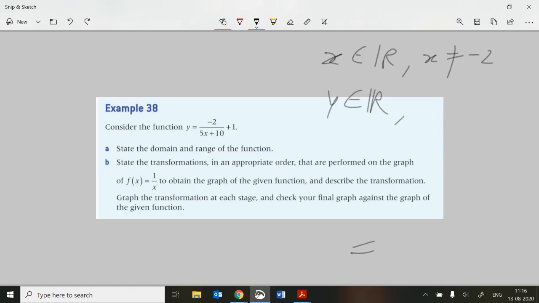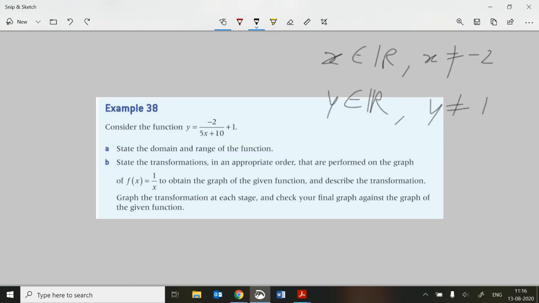Okay, and we don't have that, so we can only tend towards 0 by putting in really, really large numbers on the bottom. So we can't get a 0, which means that after adding 1, we can't get a 1 either. So we can't get a 1 out of this function because we can't have a 0 here. So that means our horizontal asymptote, see I've made a mistake, y rather, can't be equal to 1. So our horizontal asymptote is y equal to 1. Okay, so there's our domain and there's our range of this function.